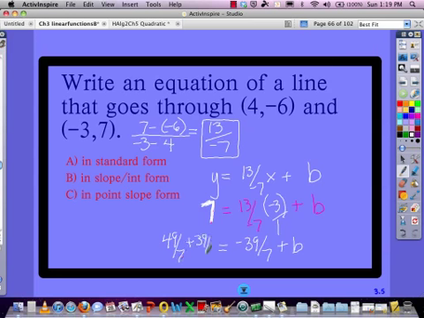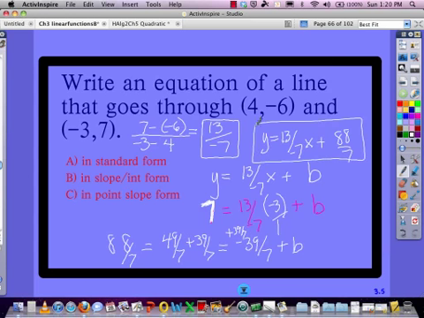39/7 over and join by adding that to both sides, our b value will be equal to 9 and 9, 18, carry the 1, 88/7, and we end up with a final answer of y equals negative 13/7 x, plus we just found our b value to be 88/7.